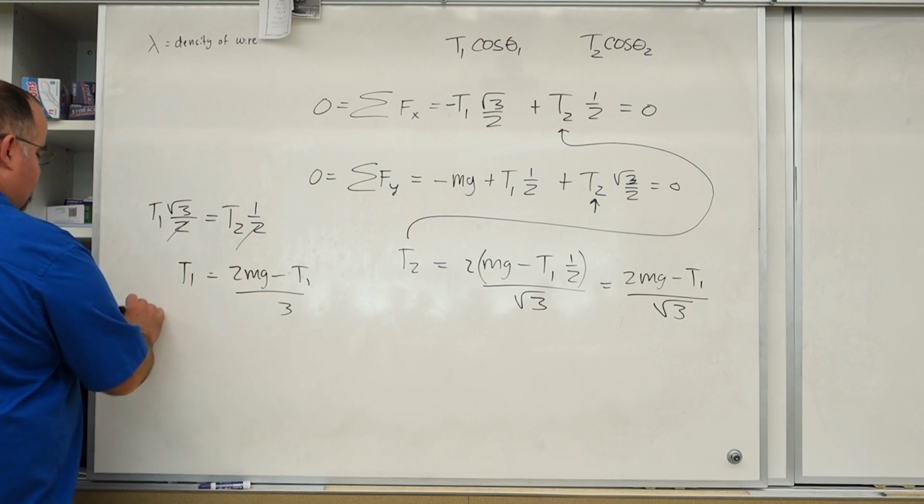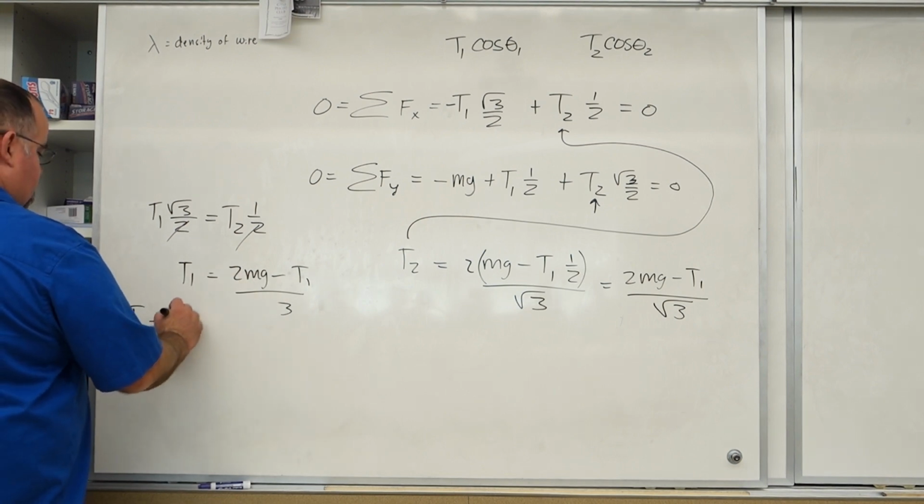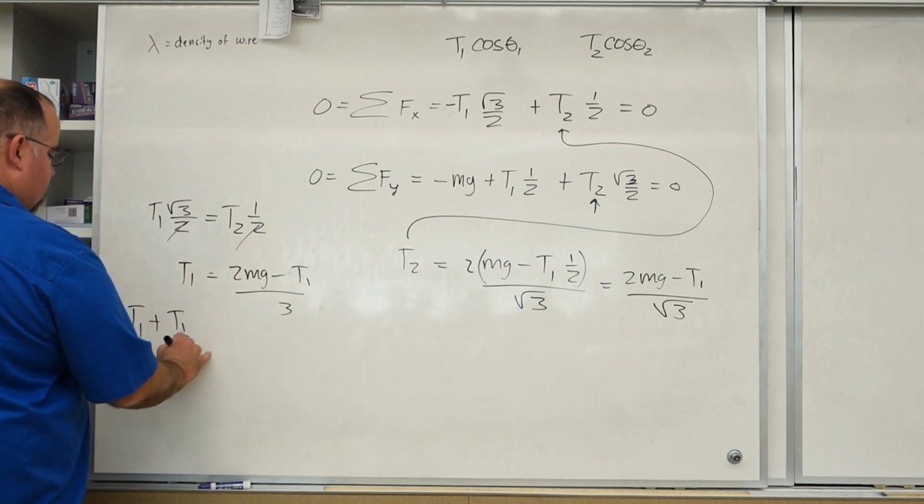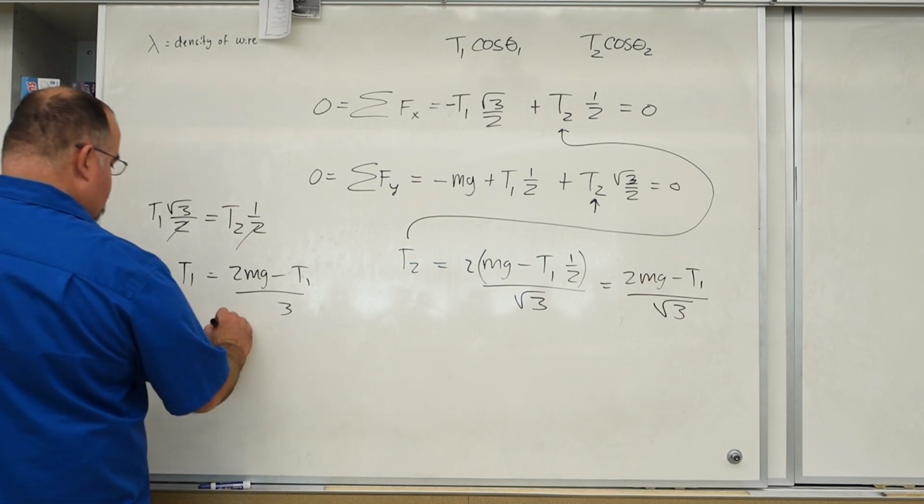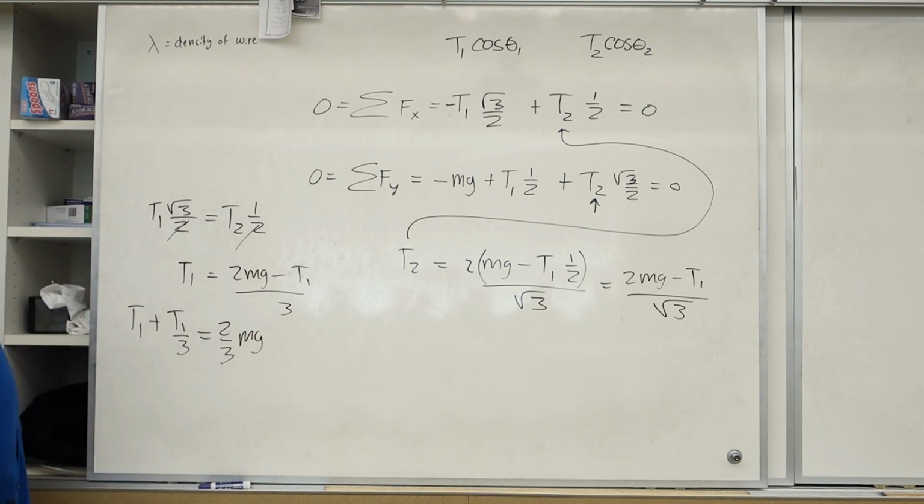So bringing this over to the other side, I got T1 plus T1 over 3 equals 2/3 mg. What was the mass of the object again? It was 10 kilograms. I'm not going to put numbers in until the very end.